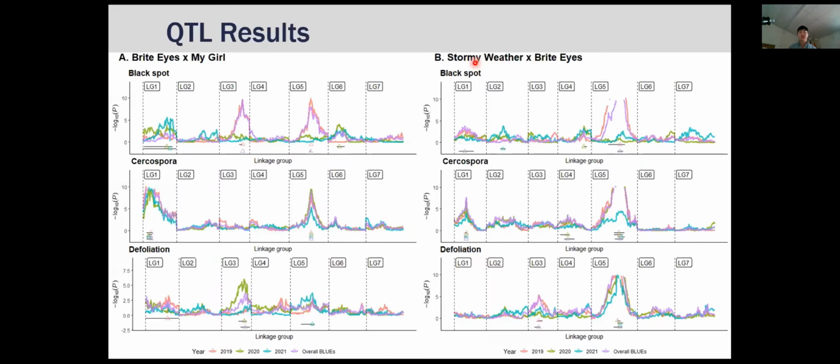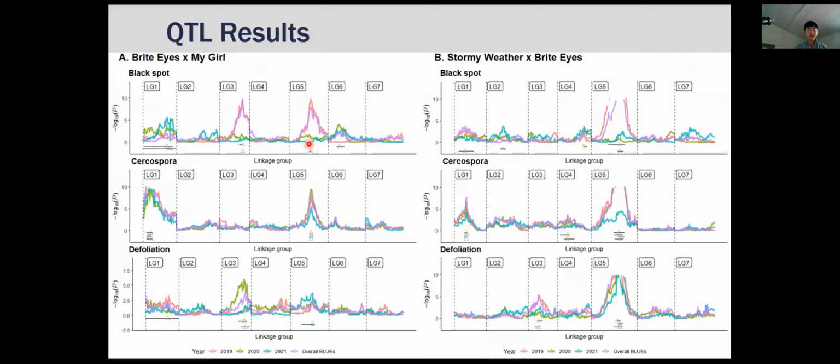And here's the QTL result. What you see here are the two populations, Bright Eyes by Micro and Stormy Weather by Bright Eyes, and each one of these peaks is a QTL peak. The very top is the black spot scans. The middle is the cercospora scans, and the bottom is the defoliation scans. What I want to bring attention to is this linkage group 5.